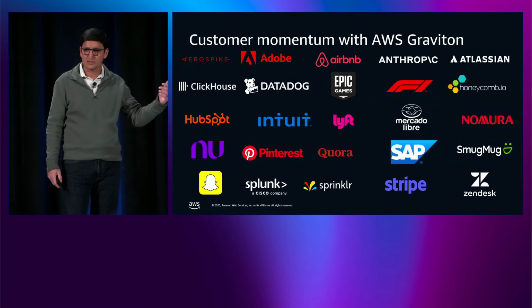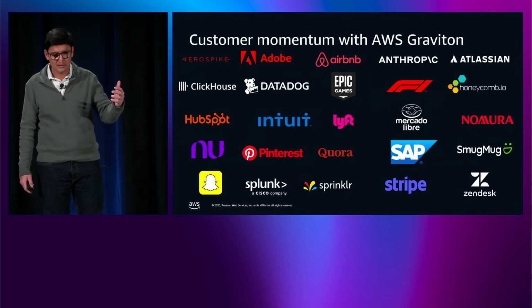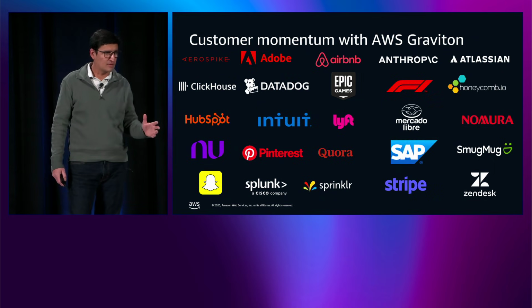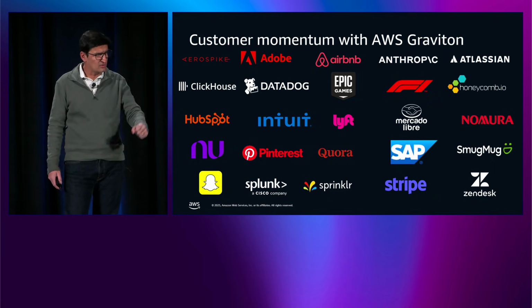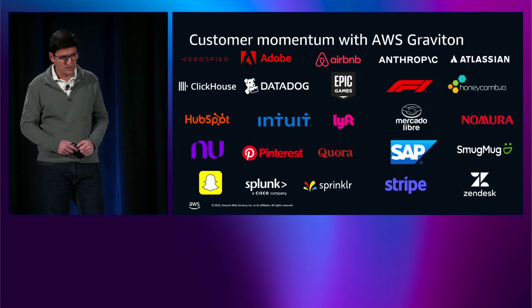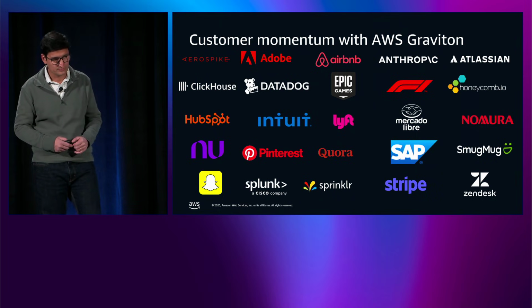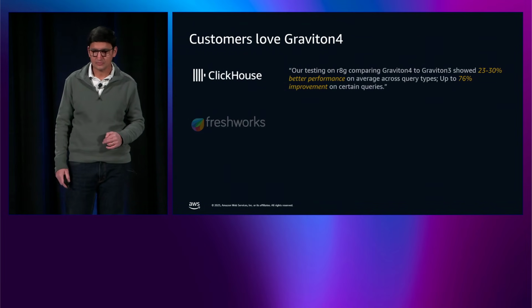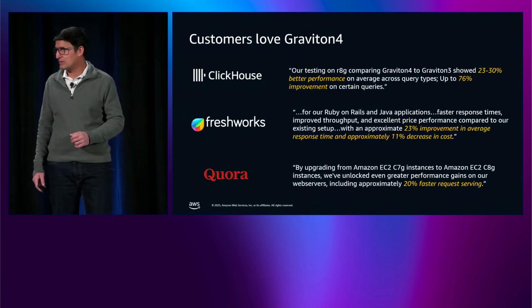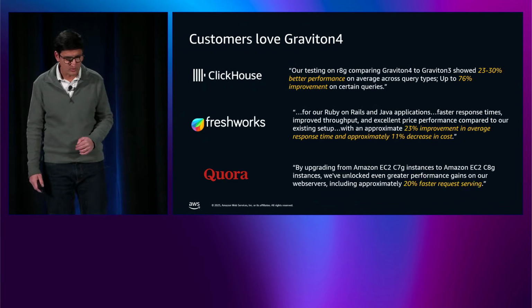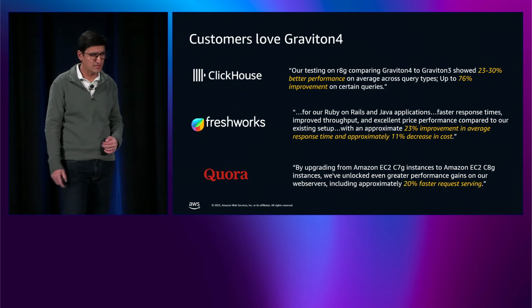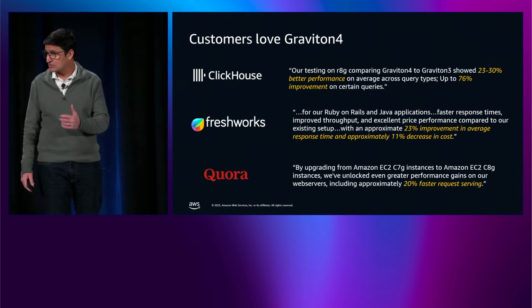And here's some of our customers that are really pushing Graviton by running all of their workloads on it and delivering a better experience for their users. For example, on Graviton 4, ClickHouse saw up to a 76% improvement in performance on certain queries.